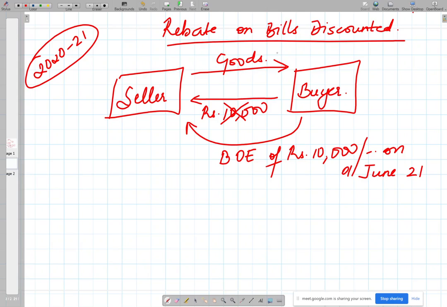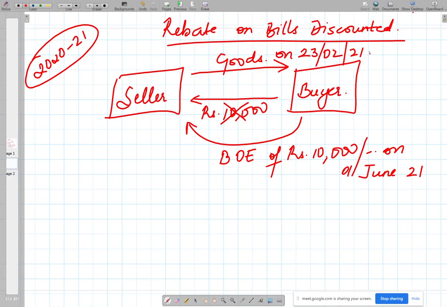The sale of the goods takes place, let's take for example today, that is 23rd of February 21, but the bill is maturing or expiring on 1st of June 2021. So the buyer says, by the expiry date, I will pay you 10,000 rupees on 1st of June.